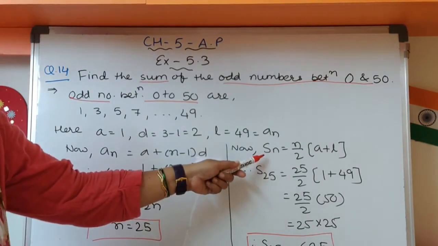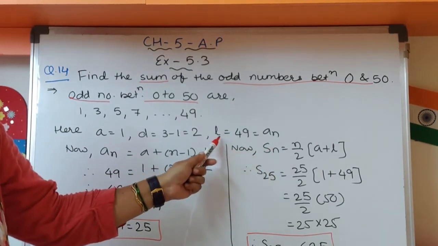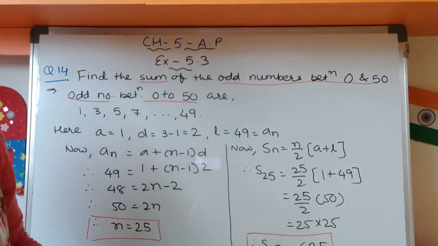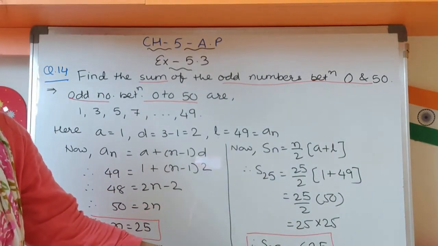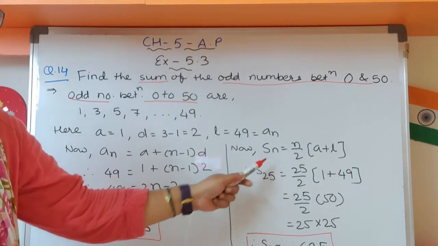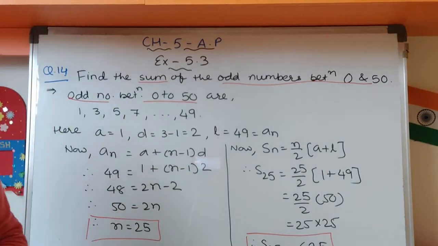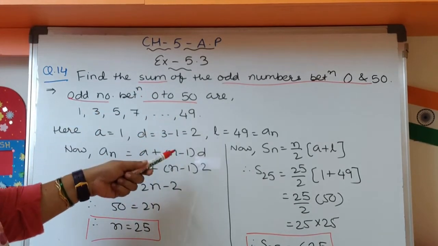Now we use the Sn formula. Since the last term is given, we can use n by 2 times (A plus L). After substituting the values, S 25 is equal to 625.